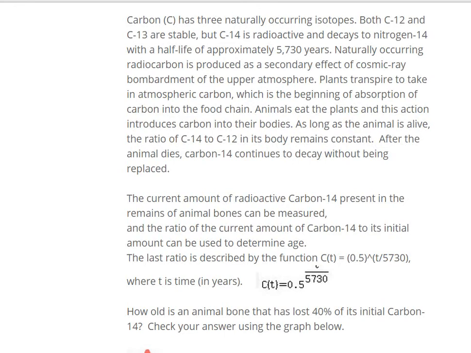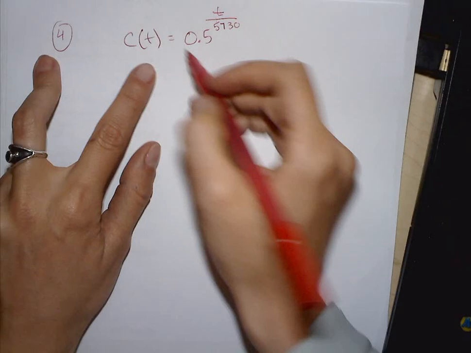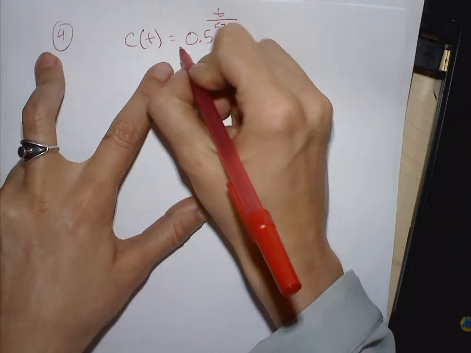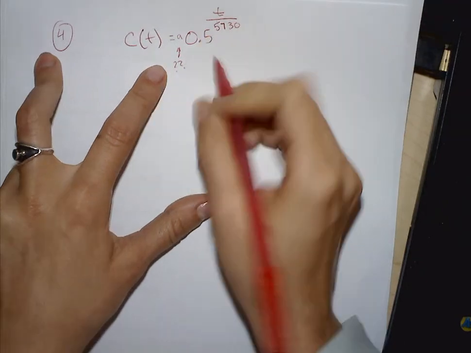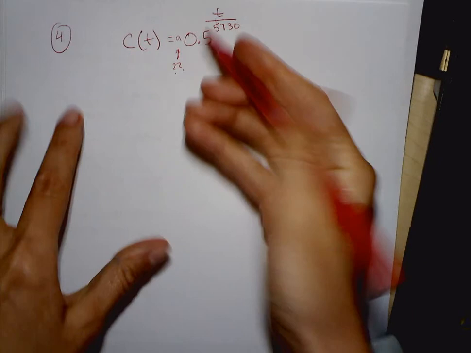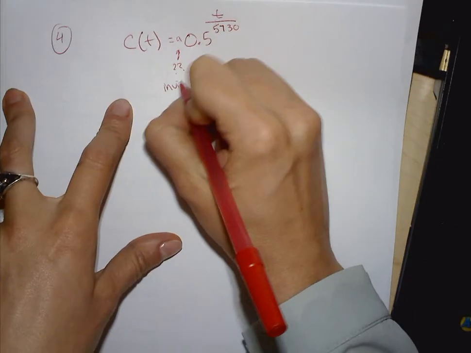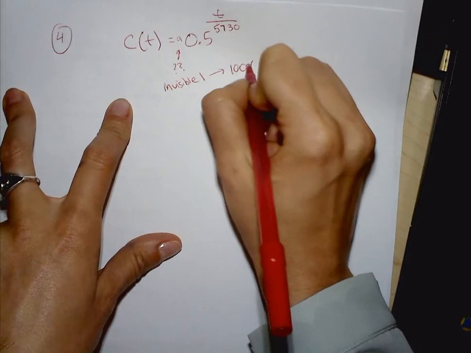initial carbon? My A value here, what is my A value? It's an invisible 1. So when we say invisible 1, that means 100%. So we're talking about like 100% of what we started with. That makes sense.